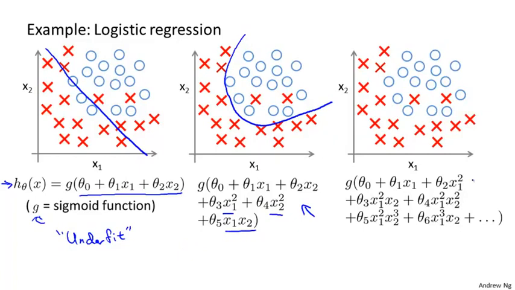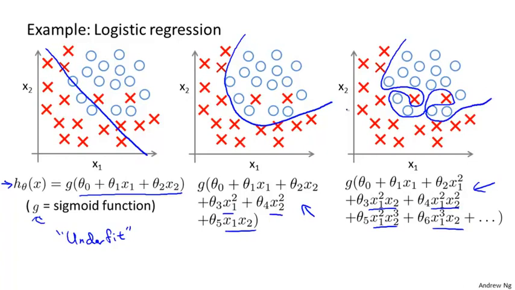And finally, at the other extreme, if you were to fit a very high order polynomial, if you were to generate lots of high order polynomial terms as features, then logistic regression may contort itself, may try really hard to find a decision boundary that fits your training data, or go to great lengths to contort itself to fit every single training example well.